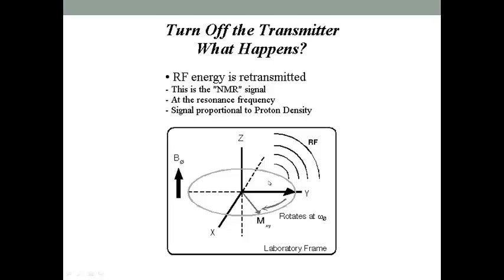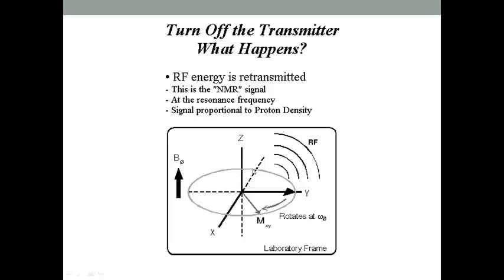They try to go back in this way, because they jump from the higher energy state to the lower energy state. Then they will transmit RF energy out, at the resonance frequency, the same frequency as the radio frequency just now applied to the human body.